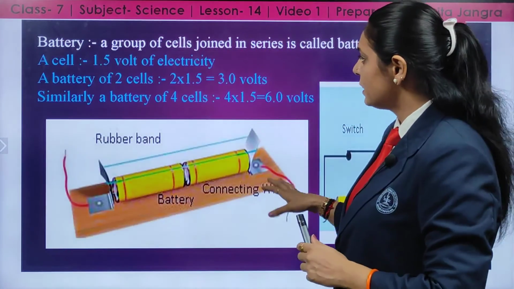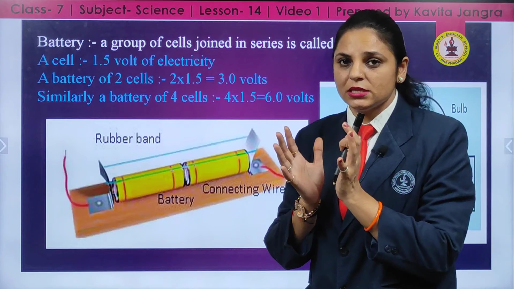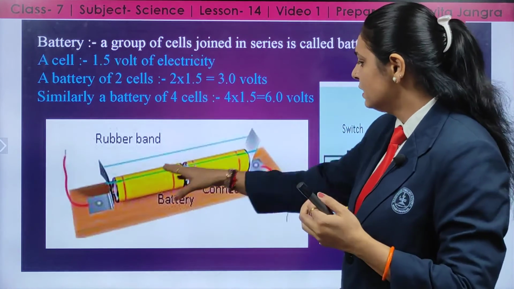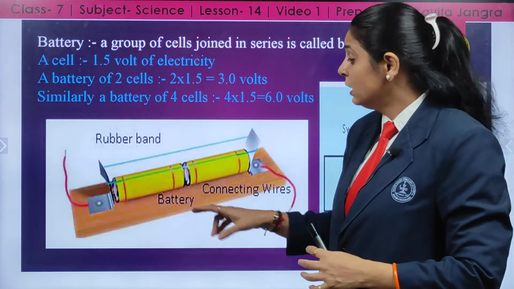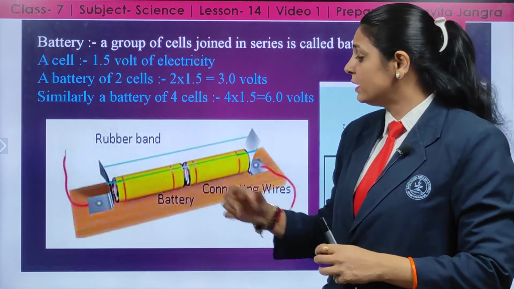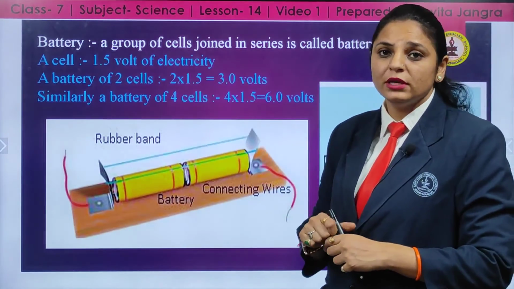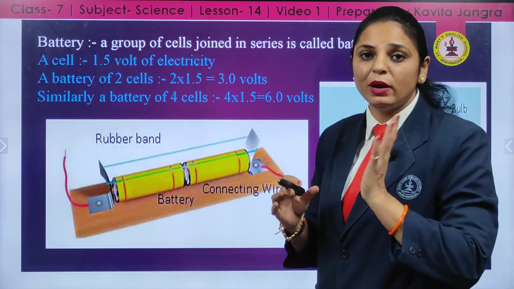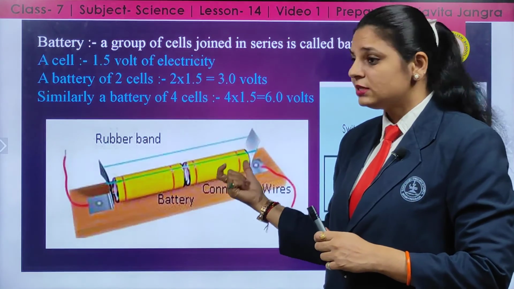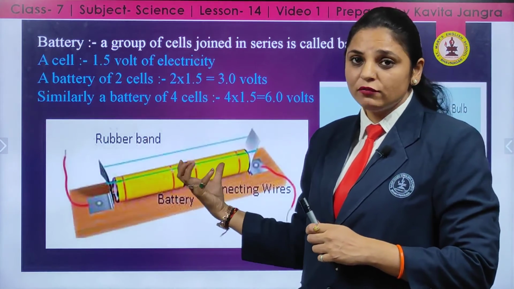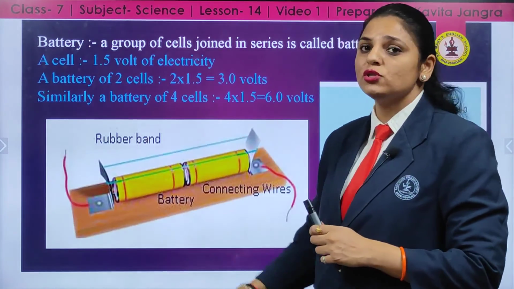So here you can see what a battery means. It is understood to be a group of cells. If 2 cells join together, that will form a battery, 2 or more than 2. The voltage of one cell is 1.5 volt. It will give you electricity of about 1.5 volt. So what will be the voltage, the power of the cells, when two cells are joined together?